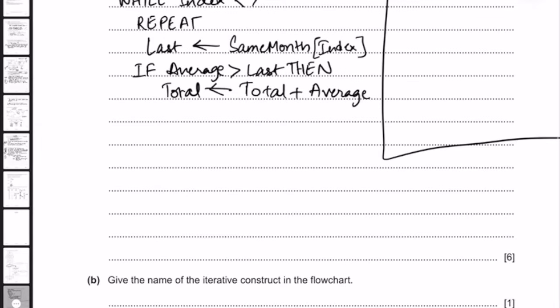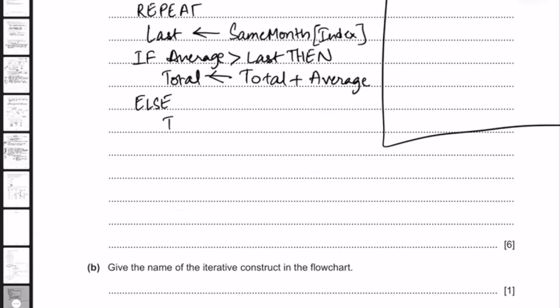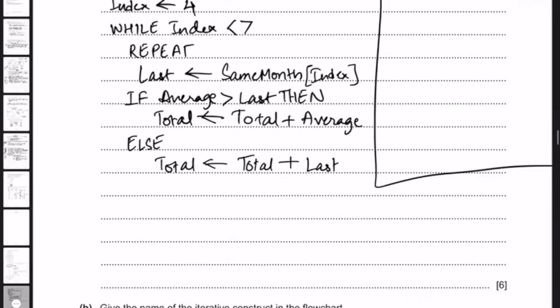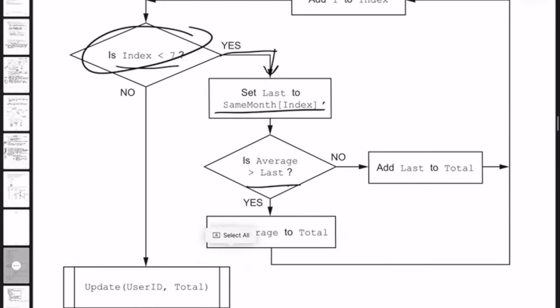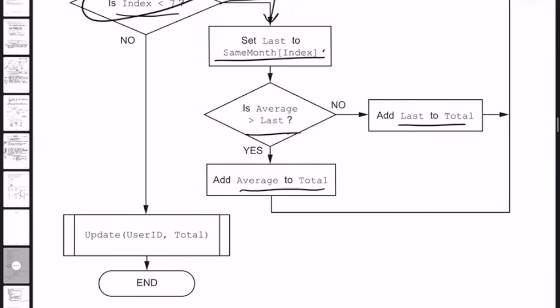Okay. Else, total will be the, otherwise we add the last to the total, right? Okay. So add average or add last, anyway.